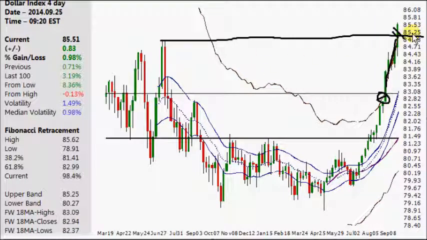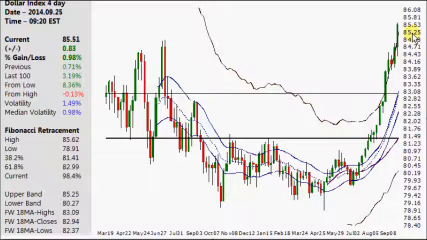It's also breached above that point by about 0.5% or so. The upper band: it came up to this band around here, around 82.5.